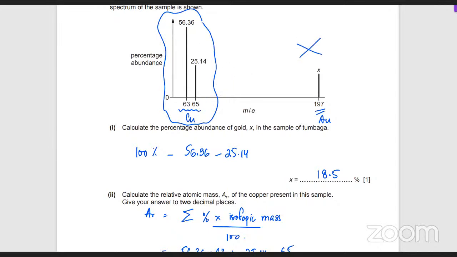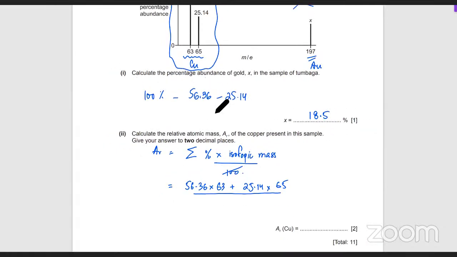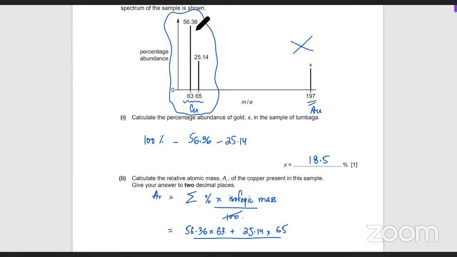So the total is not coming out to be 100%. So what is the total coming out to be? 56.36 plus 25.14. क्या आता है? 81.5.